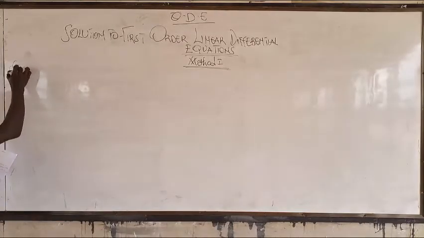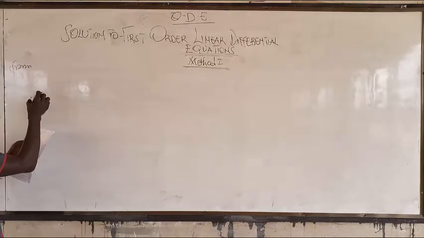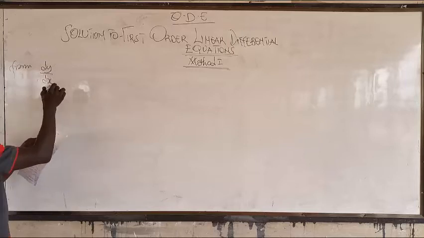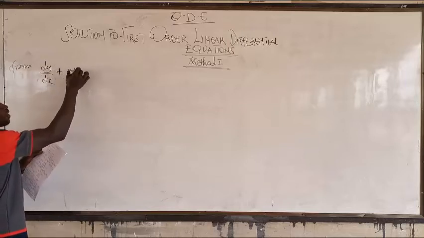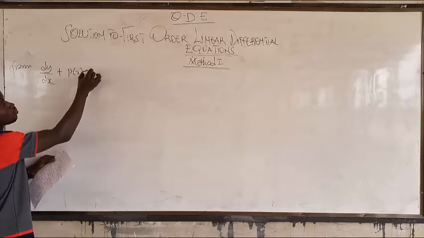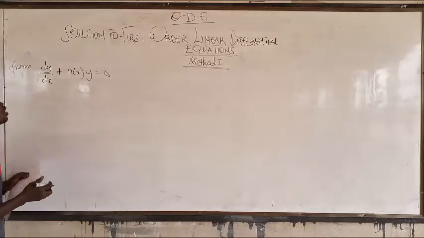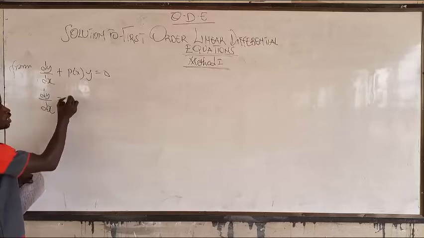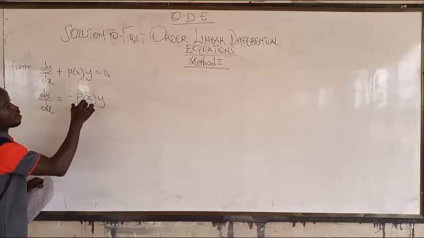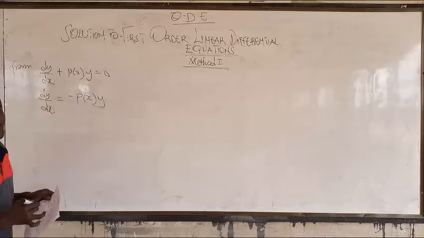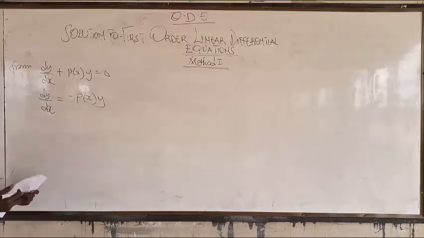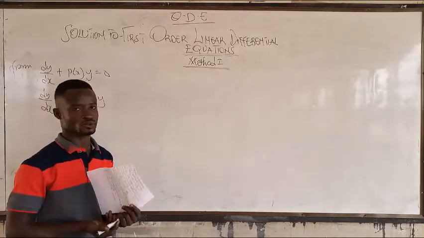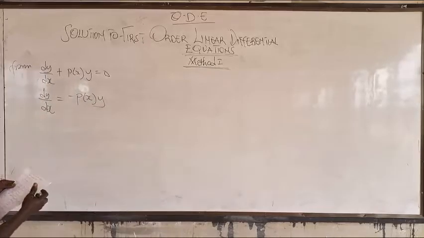So, from dy/dx plus p(x)y is equal to 0, we can make dy/dx the subject, and we get negative p(x) multiplying the y. And you can see that we can make this a problem for us to take the integration.